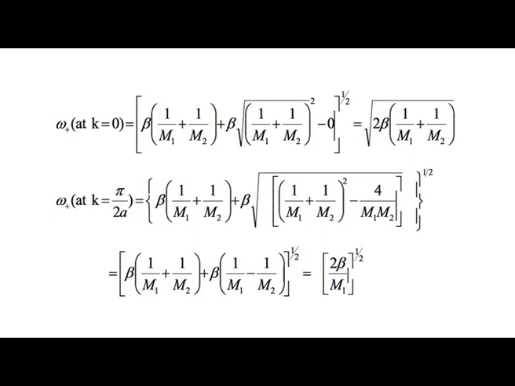And omega plus at k equal to pi by 2a can be simplified into beta into 1 by m1 plus 1 by m2 plus beta into 1 by m1 minus 1 by m2, the whole raised to half, which is equal to root of 2 beta by m1.